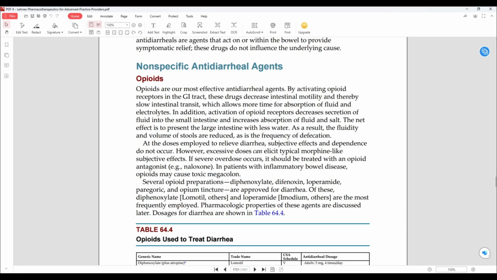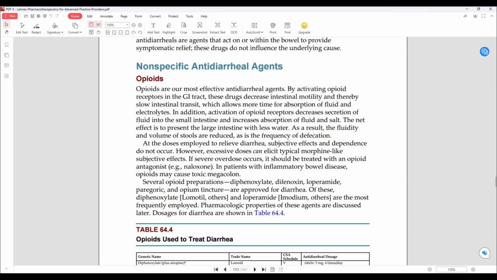At the doses employed to relieve diarrhea, subjective effects and dependence do not occur. However, excessive doses can elicit typical morphine-like subjective effects. If severe overdose occurs, it should be treated with an opioid antagonist, so Narcan or naloxone. In patients with inflammatory bowel disease, opioids may cause toxic megacolon.